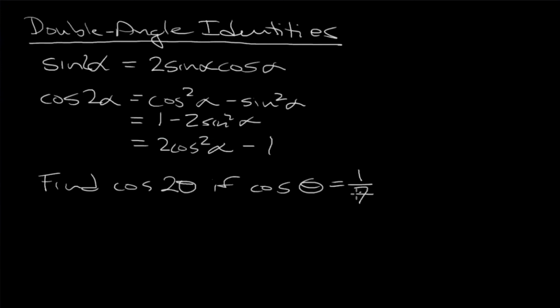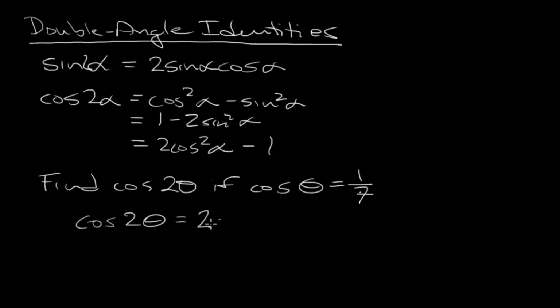And this is one of those cases where you can't find an exact angle for theta because it'll always be an approximation. Your calculator will give you this non-terminating decimal for theta. So there will always be error unless you use an identity. However, I have identities that allow me to rewrite cosine of 2 theta. And based on this one, which of the identities should I use?